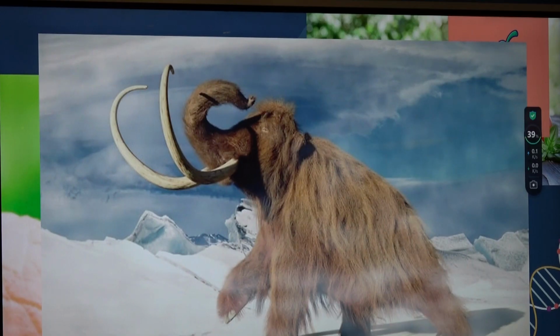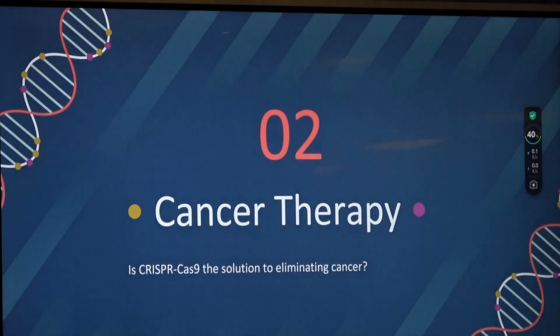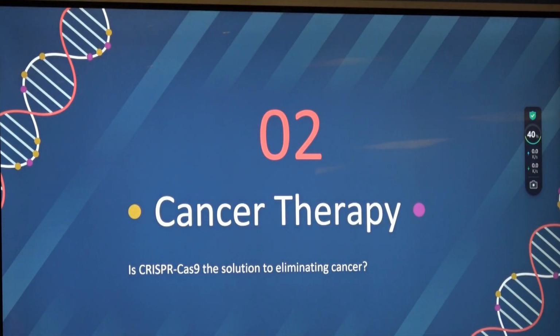Okay, next. So, how does CRISPR-Cas9 eliminate cancer therapy overall? Who here has a guess on what we can do to use CRISPR to eliminate cancer? Radiation? How's that? They change the cell.